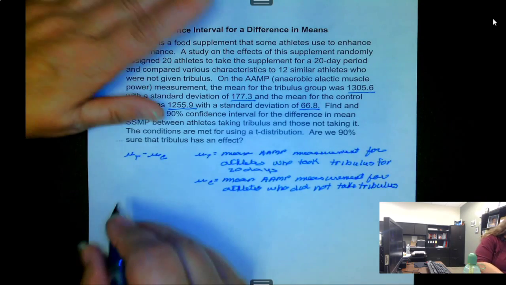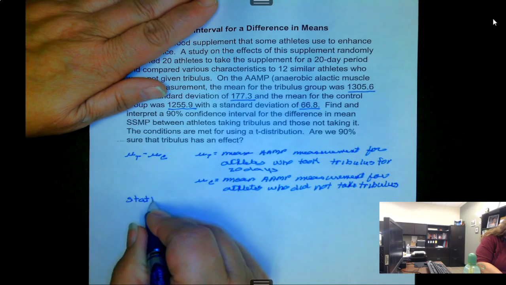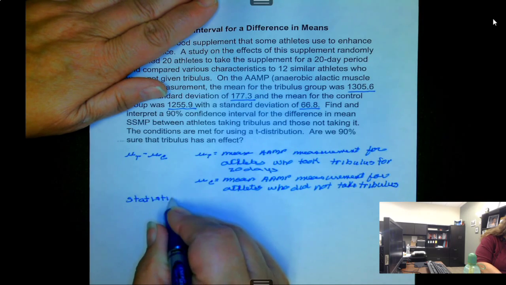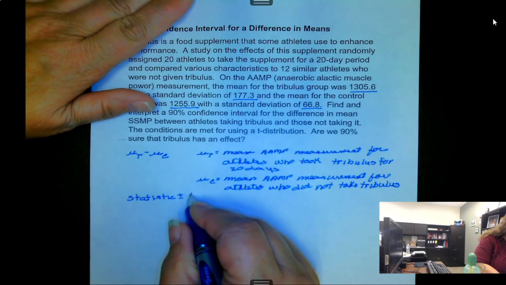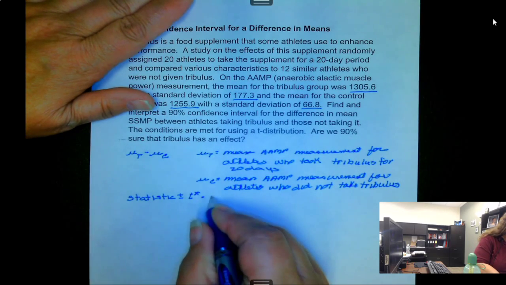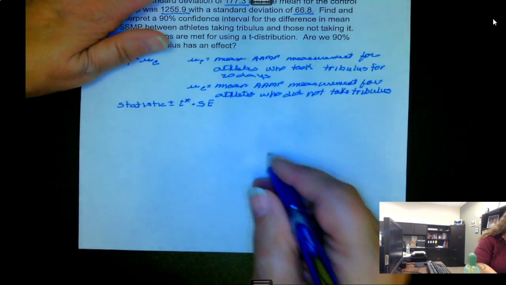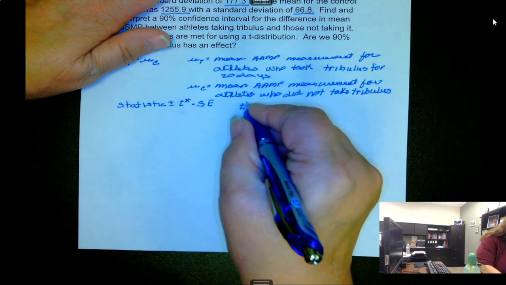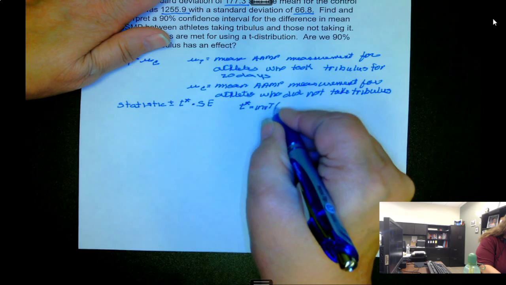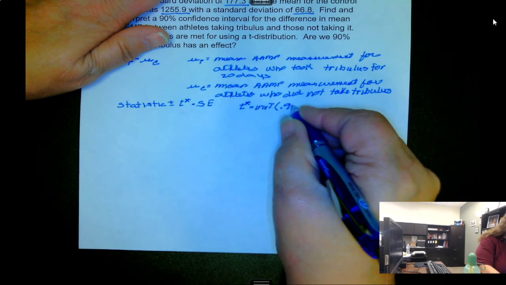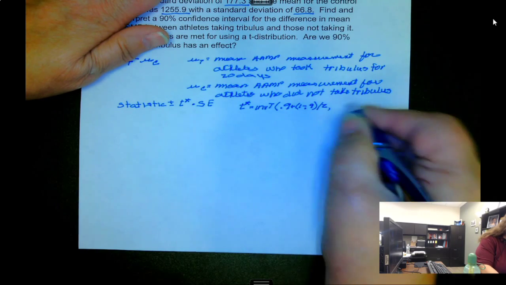So for a confidence interval, remember it's statistic plus or minus, and since this is working with means, it's t star times standard error. T star is the inverse t of 0.9 plus (1 minus 0.9) over 2.